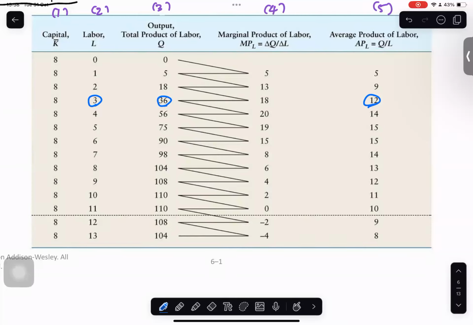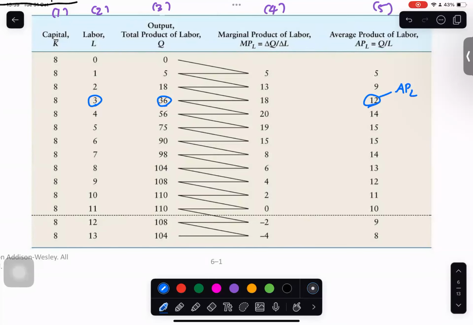That's the current average product right now. Now, we put this guy in. We add 1 more worker and we observe the total output increased to 56. So the increment is 20 pieces.